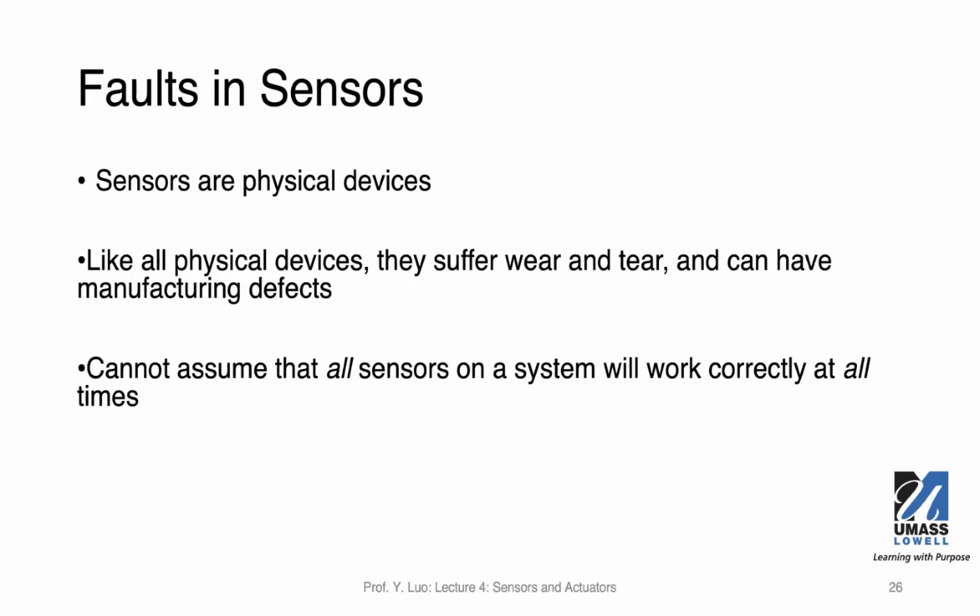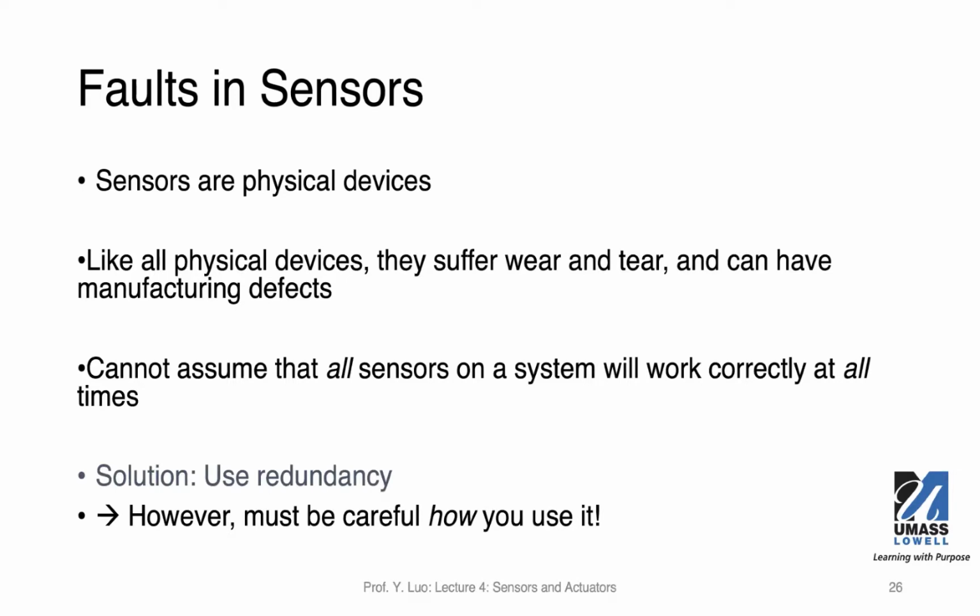Like in our second lab, if you design a game controller, your sensors should work all the time, but if it doesn't work for that second or a minute, that's probably fine. You can just give up the game and do something else. But if the sensor is on a critical mission, say on an airplane, then you have to be mindful of how you design your system to cope with such faults in sensors.